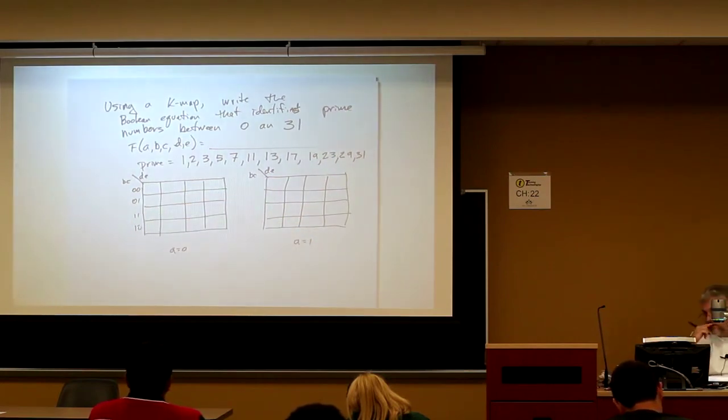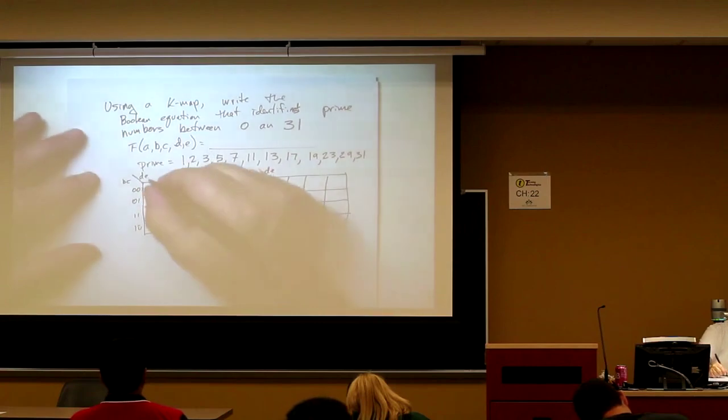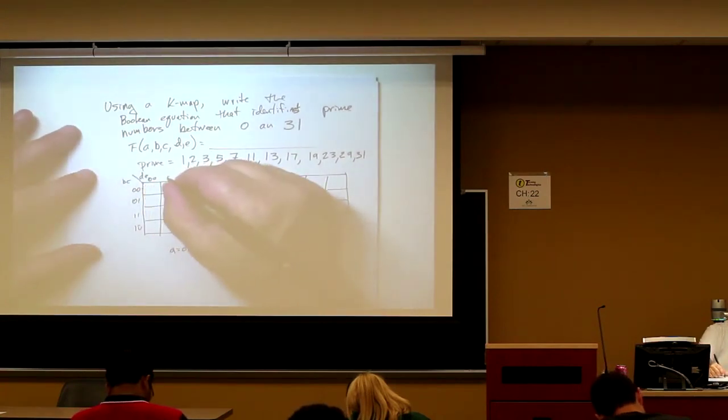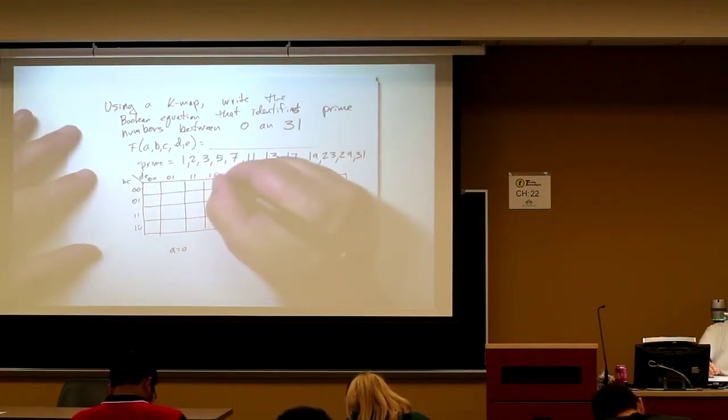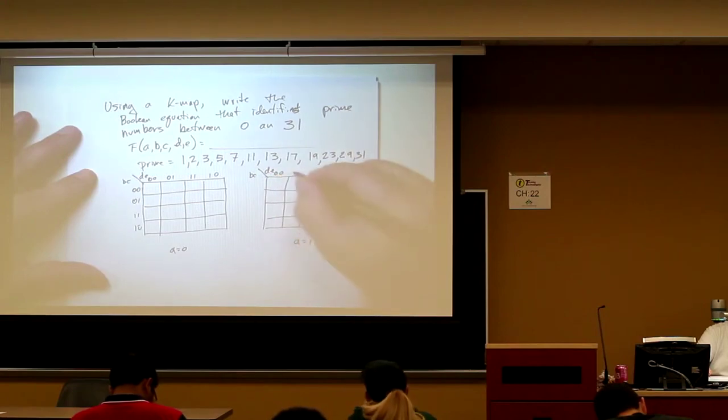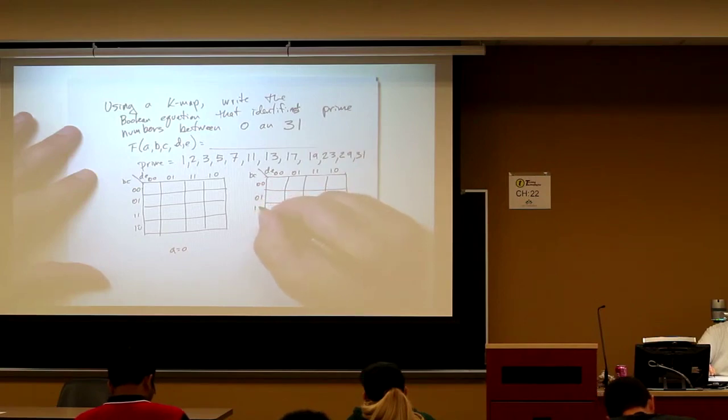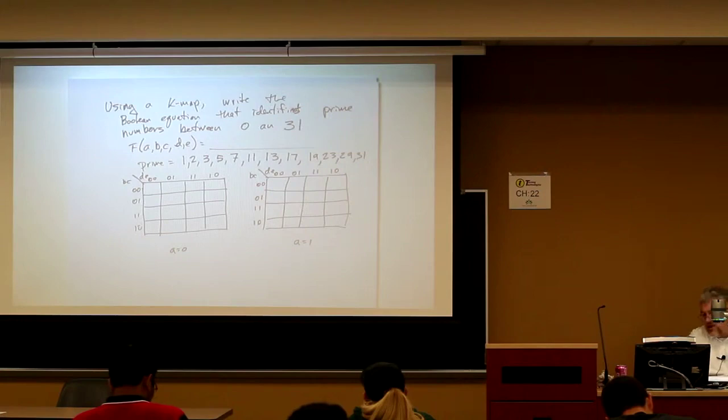When BC is 0 0, 0 1, 1 1, 1 0. Remember, each row here is going to differ by 1 bit changing. Across the top, 0 0, 0 1, 1 1, 1 0. And remember, I numbered each one of the cells.